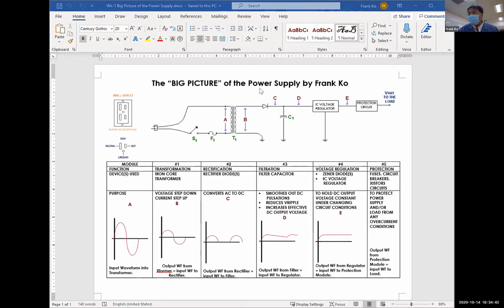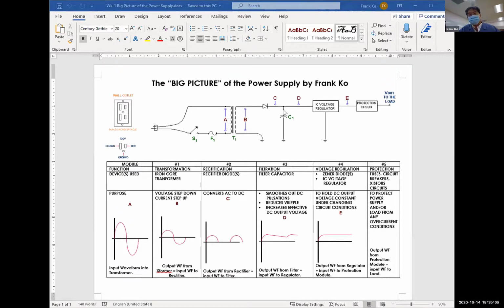If you take a look at the diagram up here, waveform C, doesn't it come after the diode? So what we measure at point C with an oscope is going to be, in this case, the waveform shown as positive half wave, pulsating DC. And this also happens to be the input signal going into the next module.